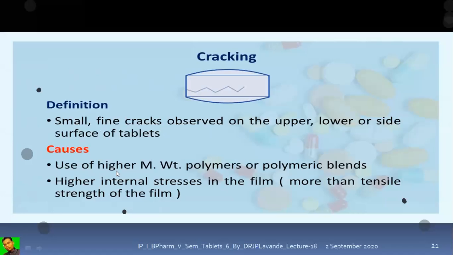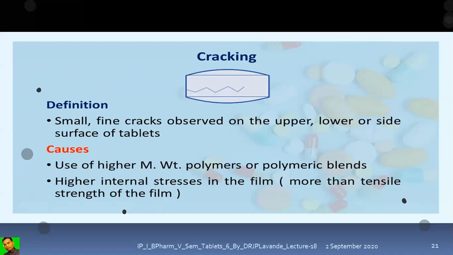The cause is use of higher molecular weight polymers or polymeric blends. Right? We can go for polymers with a lower molecular weight, or instead of using the blend, we can use a single polymer as a remedy. Higher internal stresses in the film are also a cause of cracking.